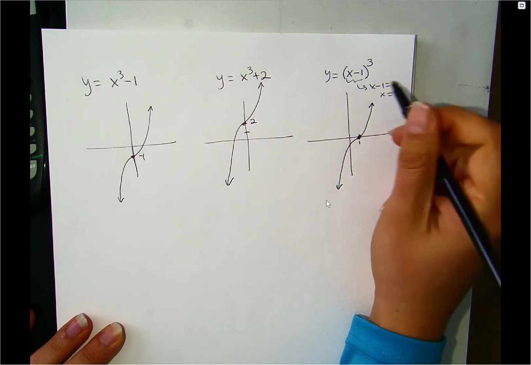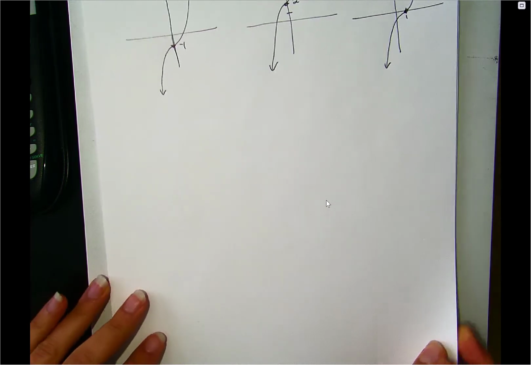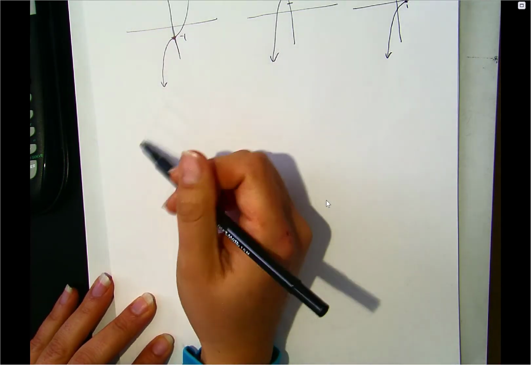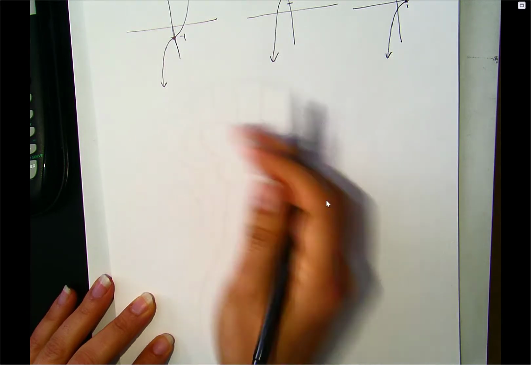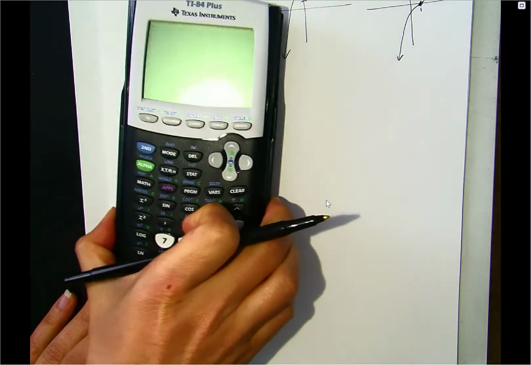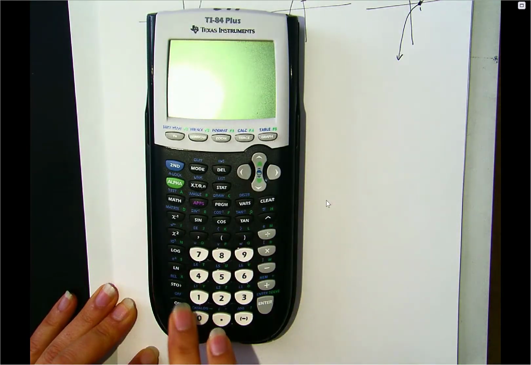So this is a pretty basic cube. When you have things that look slightly more complicated, like x to the 4th or x to the 5th, x to the 4th looks like a parabola, but we can make use of our graphing calculators as well to graph.